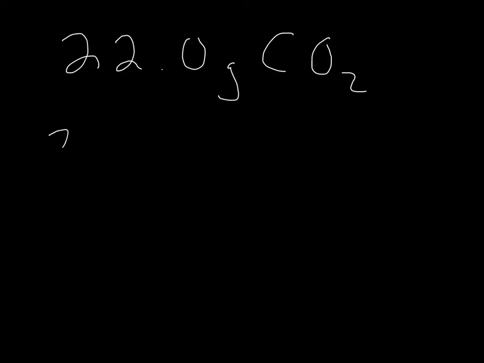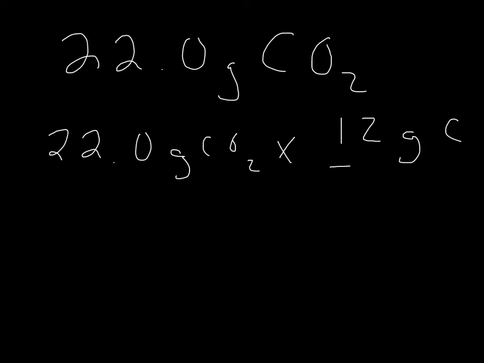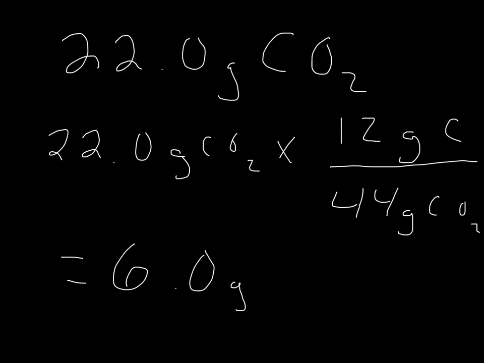So if I take the 22 grams of carbon dioxide and multiply it times that percentage of carbon, which is 12 grams of carbon per every 44 grams of carbon dioxide, we can figure out how many grams of carbon is in the original ethanol sample. And it turns out 22 times 12 divided by 44 is 6 grams of carbon. So we now know in the original ethanol sample that there are 6 grams of carbon.